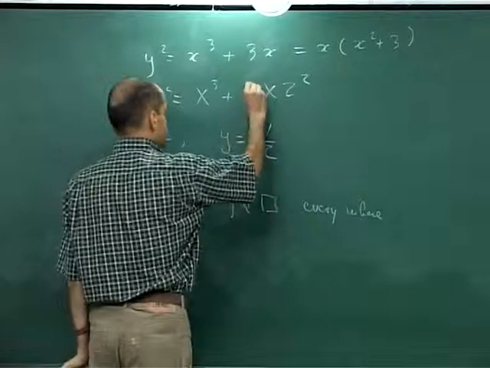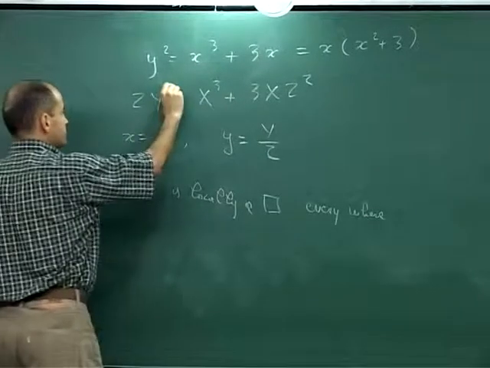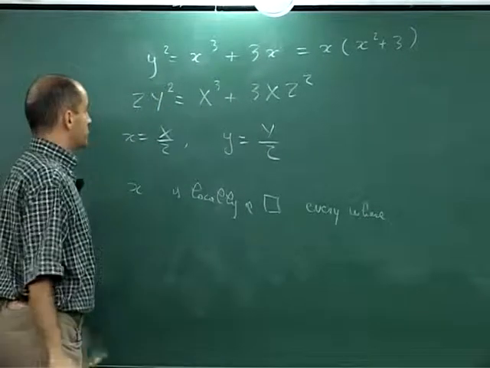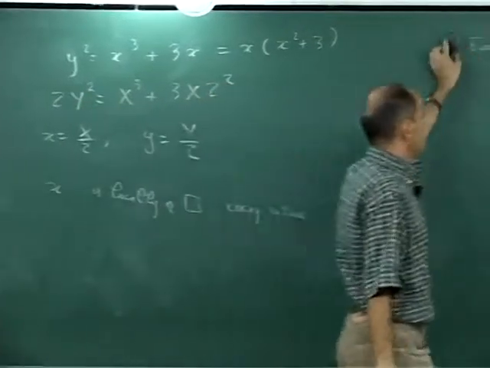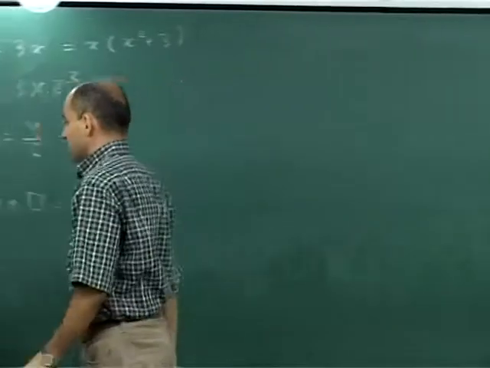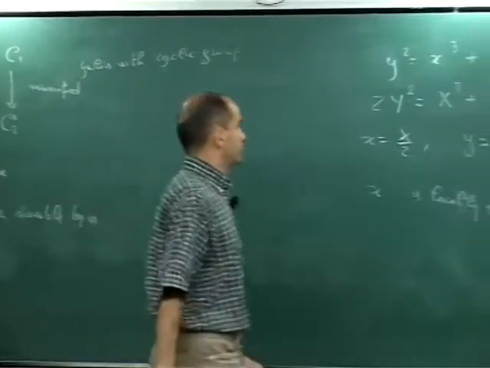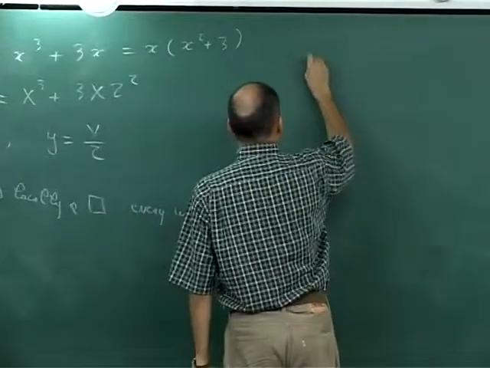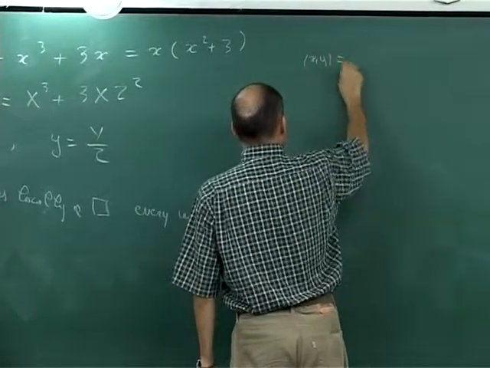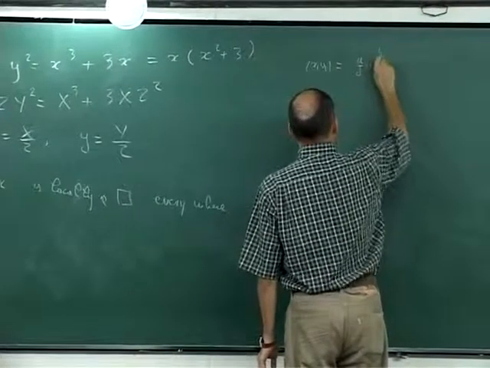And now it is easy to see that if you take a rational point, so if x, y is a rational point, we can write with a common denominator a over d and b over d.